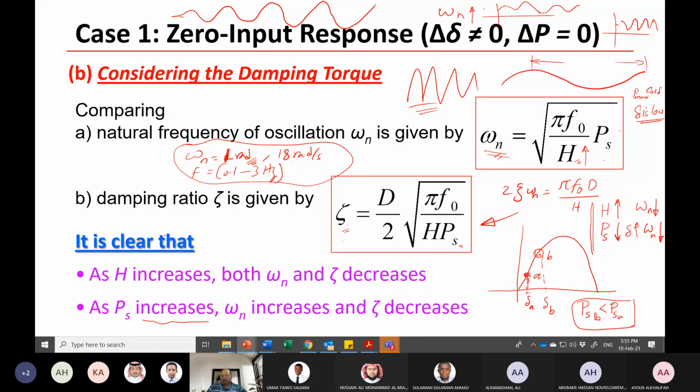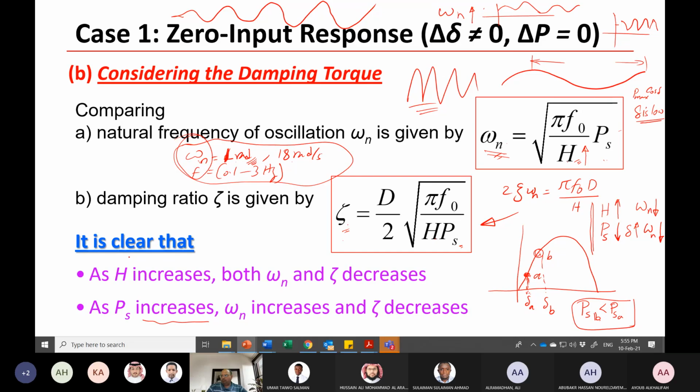Later, we have an oscillation like this, and we need to design a controller in order to enhance the system stability. So we have to have this frequency in order to design our controller to give the maximum response at this oscillation frequency.